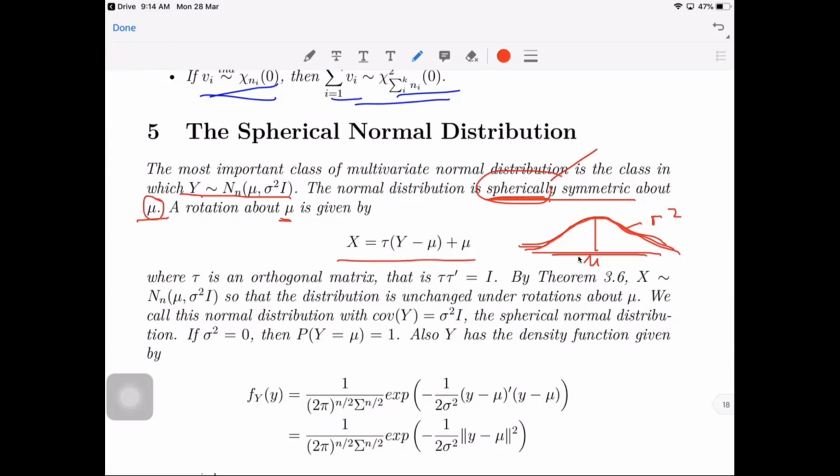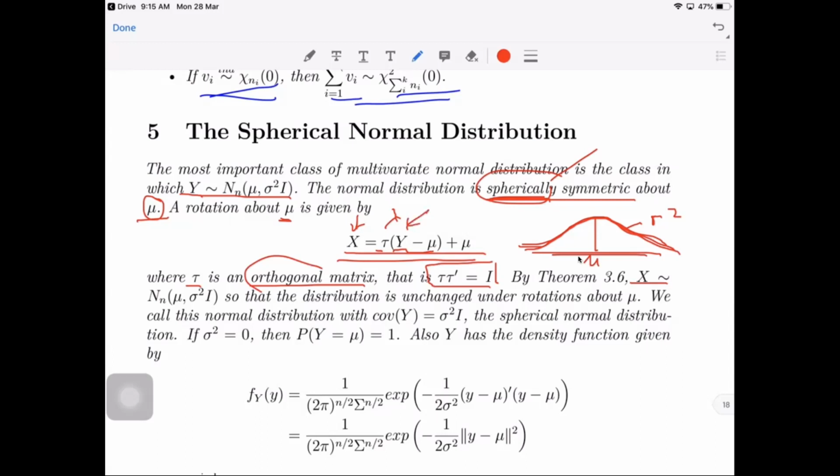If we define a new random variable x, where tau is an orthogonal matrix, so you pre-multiply by an orthogonal matrix such that tau tau prime is equal to I. And if you have this transformation, that is x is equal to tau (y minus mu) plus mu, what you are doing here is making some rotations on your y.